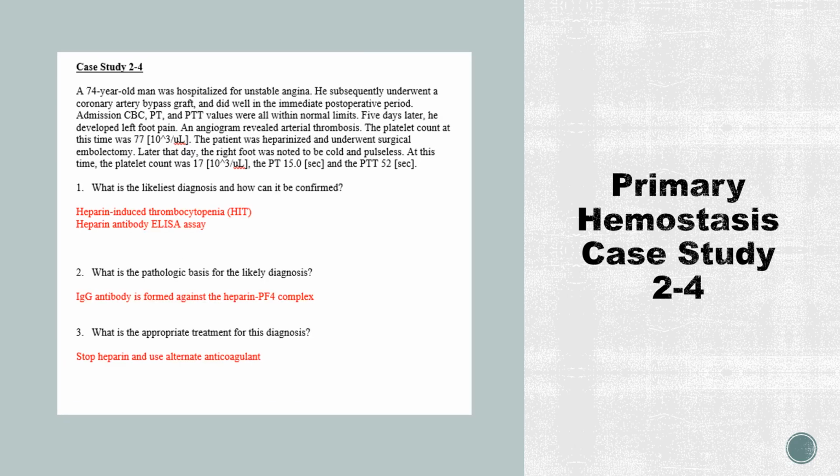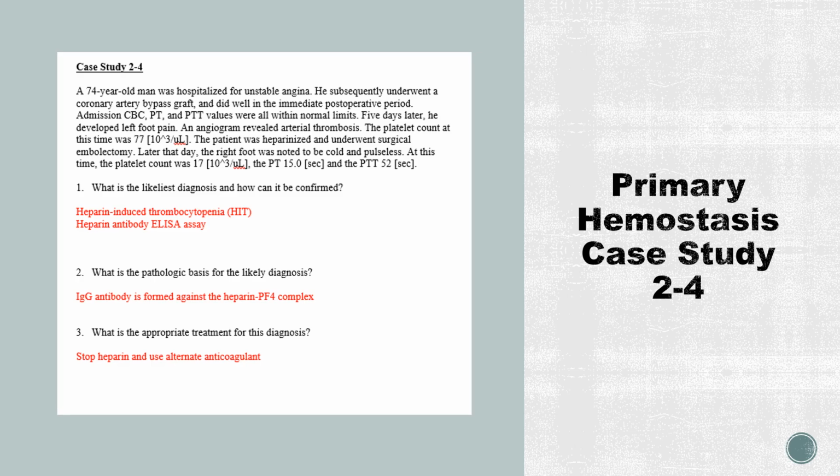You made it back. We are working on case study 2-4, and we are talking about a 74-year-old man who was hospitalized for unstable angina. He subsequently underwent a coronary artery bypass graft and did well in the immediate postoperative period. Upon admission, his CBC, PT, and PTT values were all within normal limits, and yet 5 days later, he developed left foot pain.